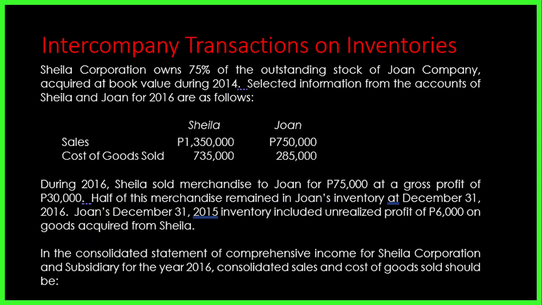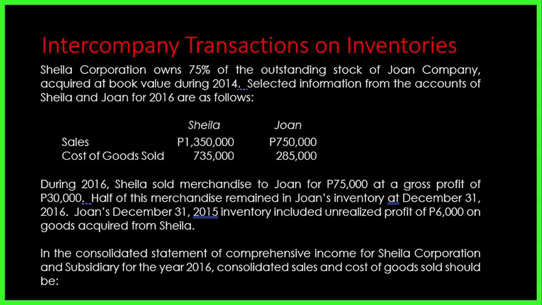So sir, nakakalito po yun. Why? In the consolidated net income, the realized gross profit was added and the unrealized gross profit is deducted. But if we are computing for the CGS, it's the opposite. Para yung effect niya sa CNI ay ganun nga yung opposite.